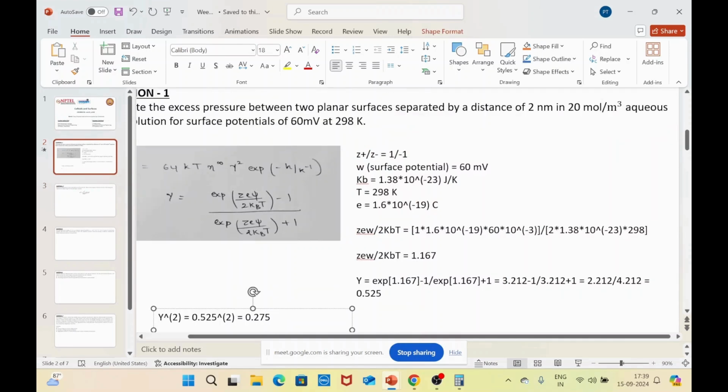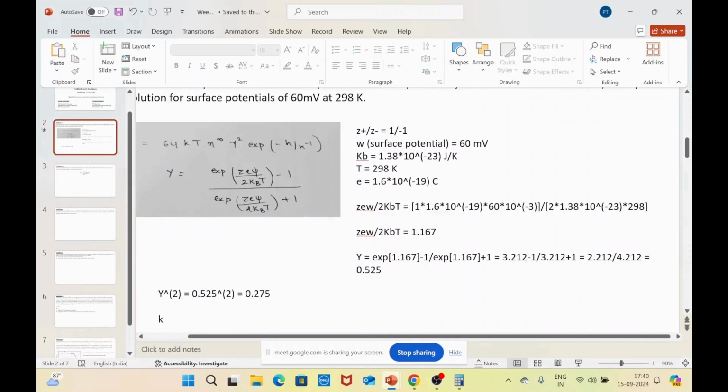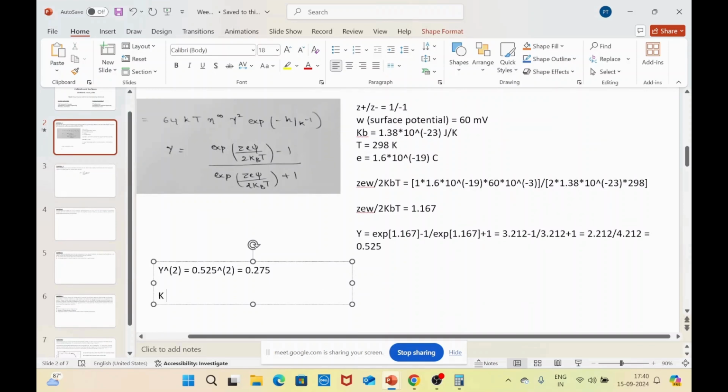Since here we have the concentration in terms of mole per meter cube, to this expression you need to multiply 1000 times Na, that is your Avogadro number, times E square by epsilon naught times kB times T.